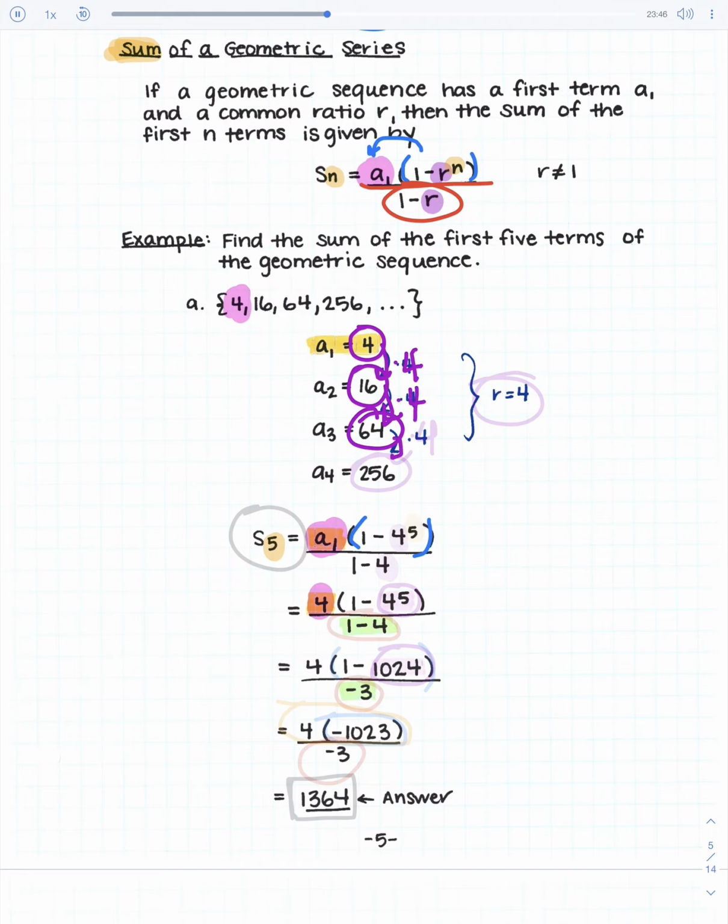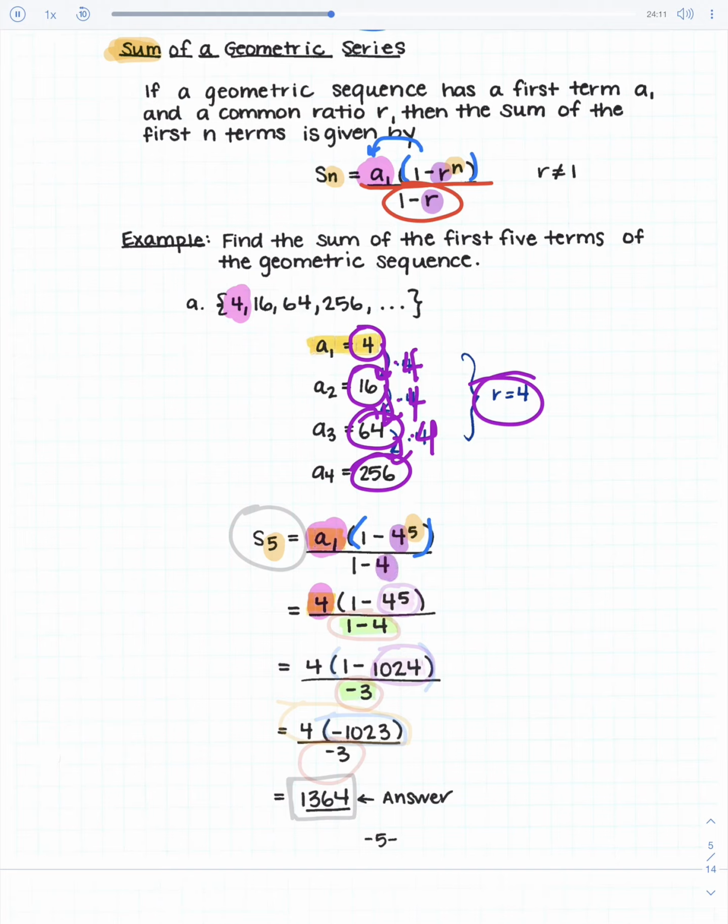And to get from the 64 to the 256, they are again multiplying by 4, which means our common ratio, our r, is 4. So our common ratio, our r of 4, is raised to just the regular n on this formula when you're doing the sum. How to make life confusing. And then on the bottom, we'll have 1 minus, again, r.